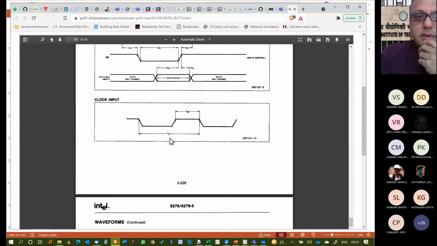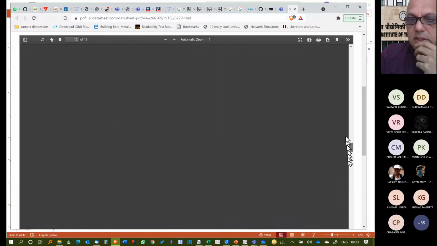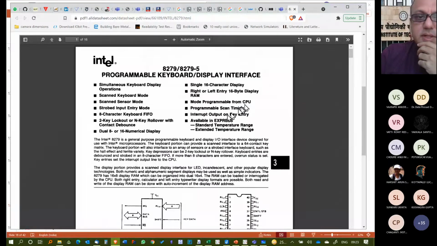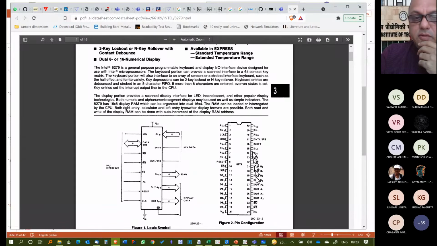If you go down, it'll look like a complicated document, but I told you yesterday that you don't have to be afraid of complicated documents. You see, this is a 16-page document which describes a chip, which is a dual inline package, 40-pin chip.